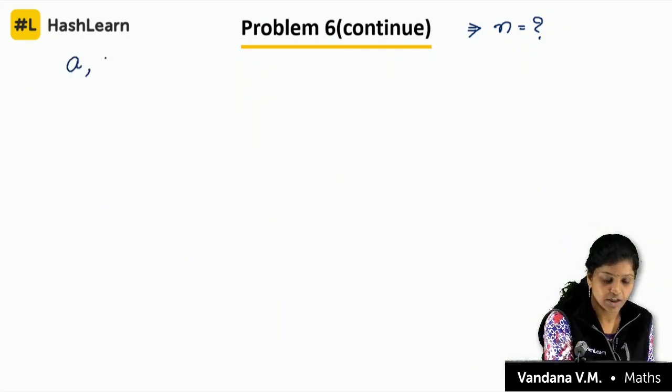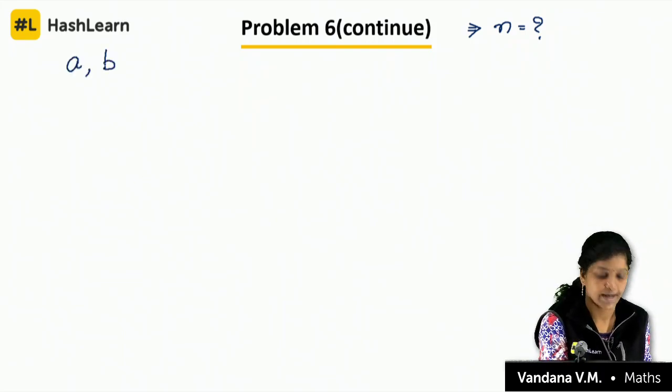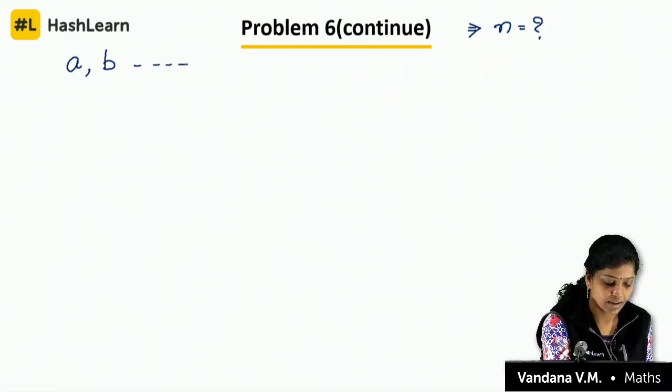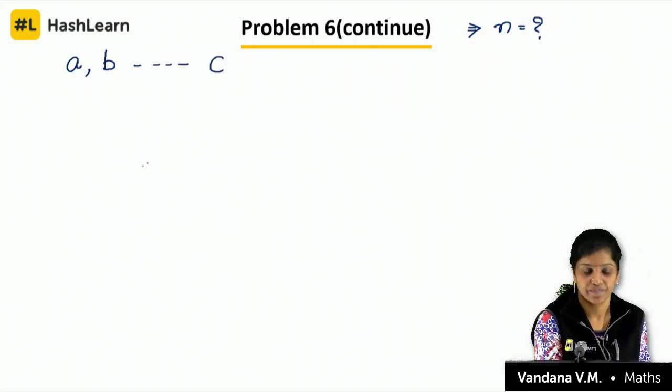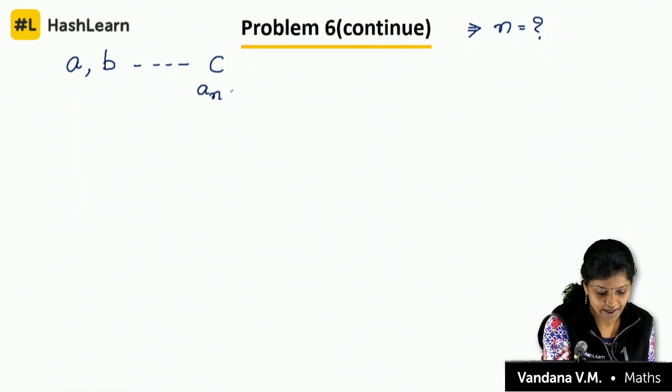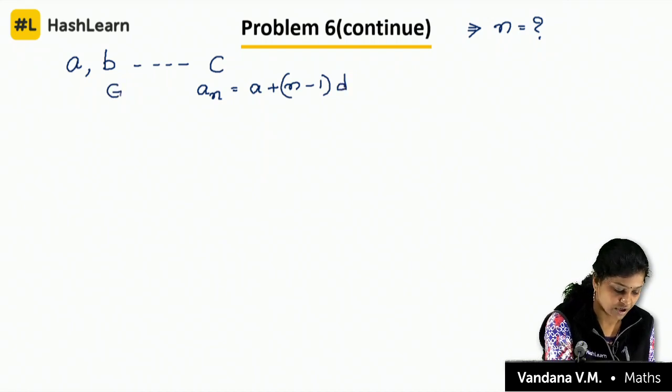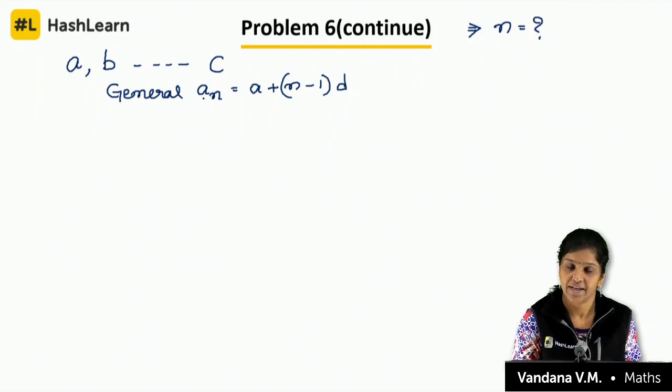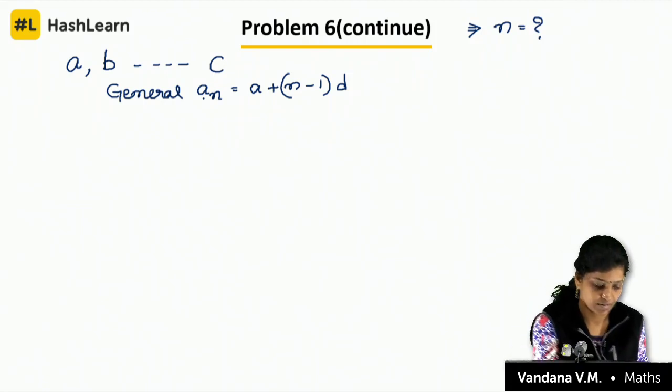So the data is: the first term is A, the second term is B, and the last term is C. So this can be written as an is equal to a plus n minus 1 into d. Usually the general term an in the arithmetic progression is this.